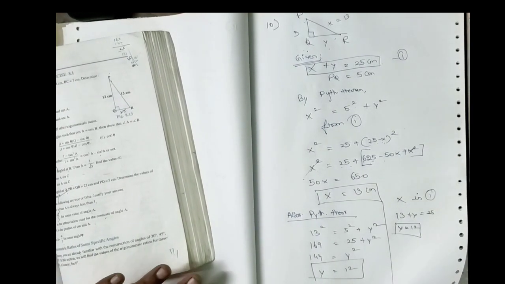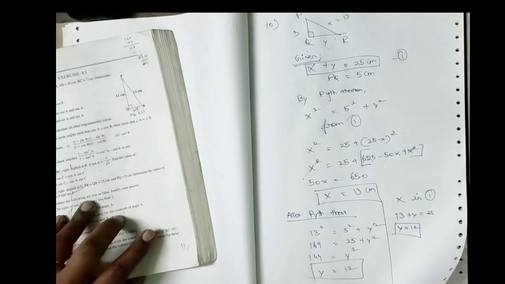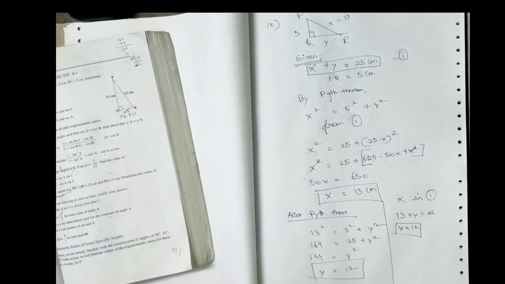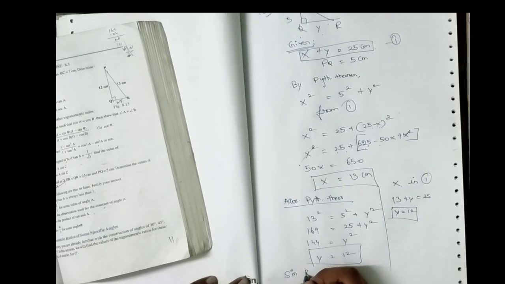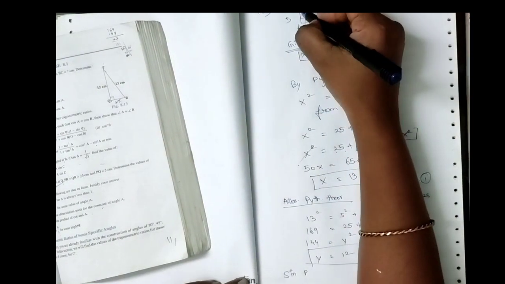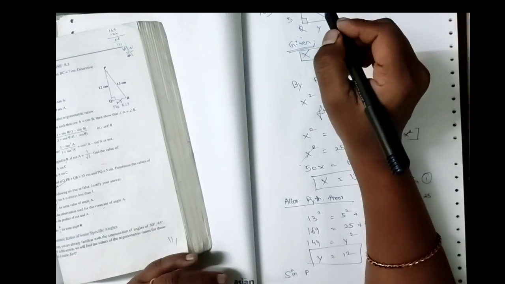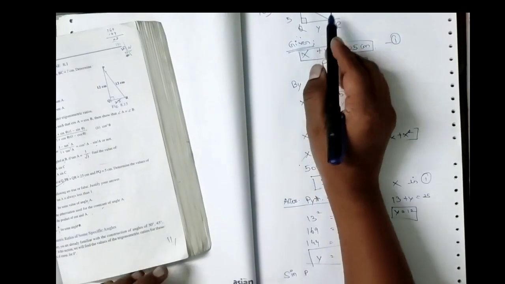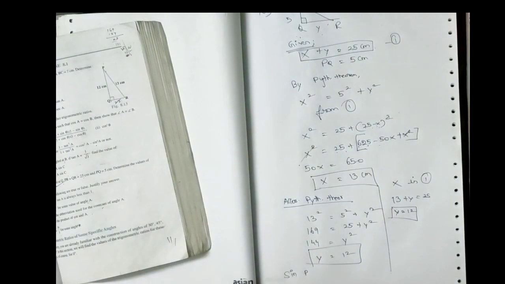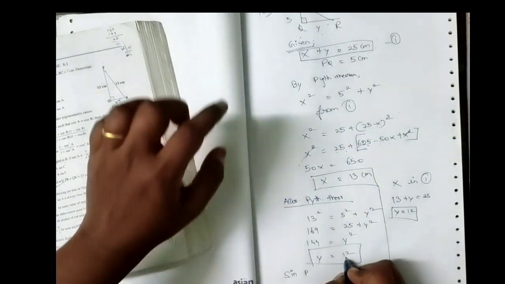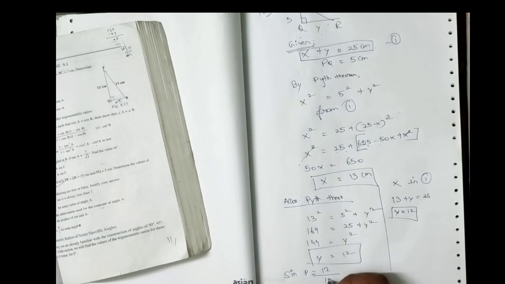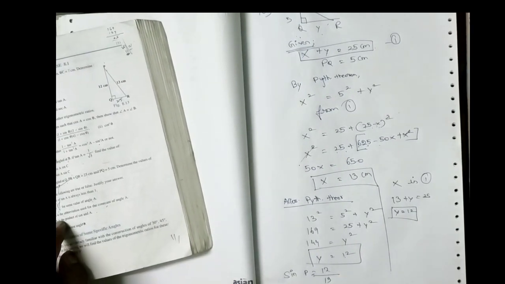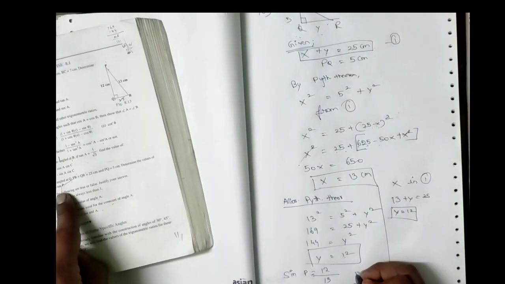Now we'll go to determining the values of sin p, cos p and tan p. What will be sine of p? This is angle p, and what will be sine p? It will be opposite by hypotenuse. So what is y? We have derived it as 12. So 12 by 13. Now, what will be cos p and tan p?